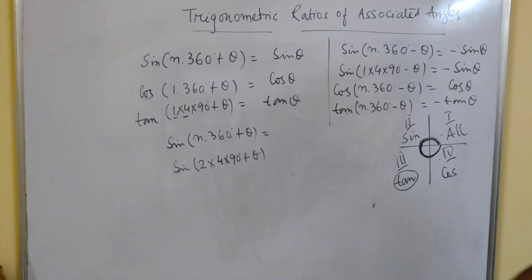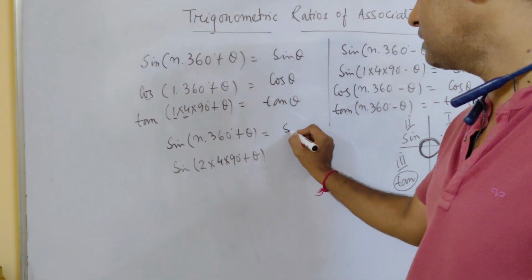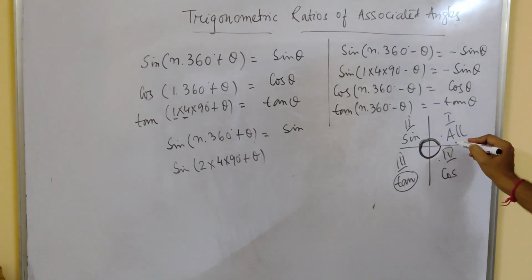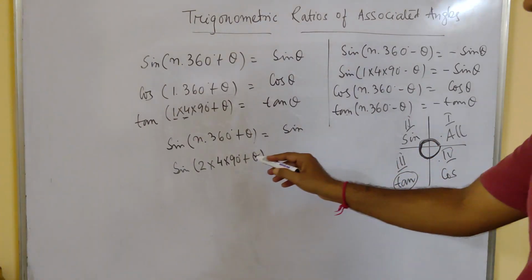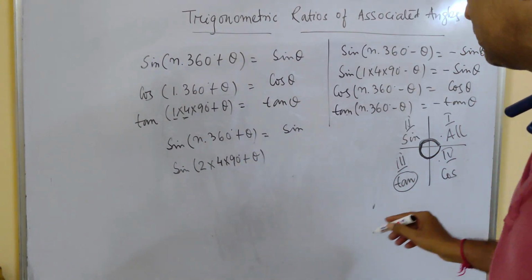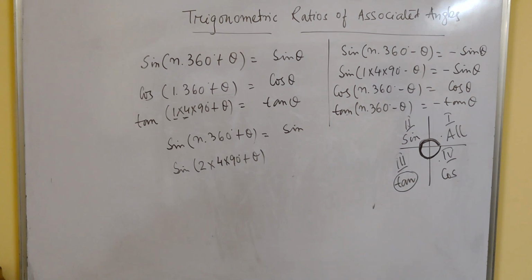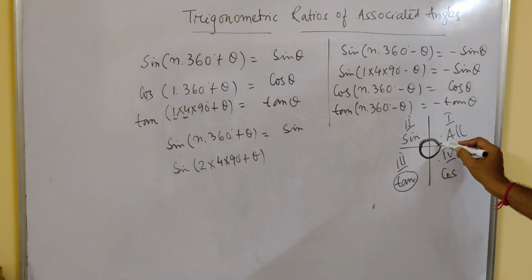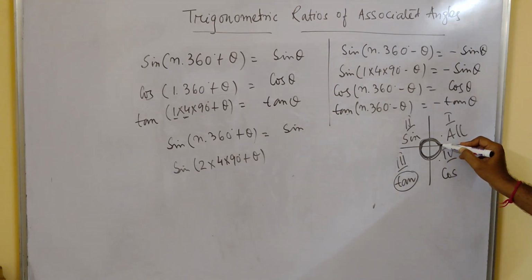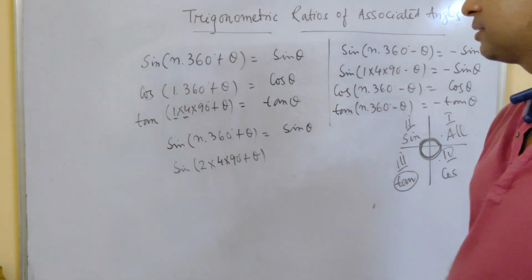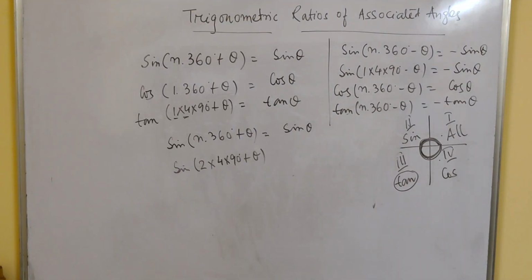So 2 into 4 is 8, it is also an even number, so it remains sin, and 360 plus theta, that is 90 into 4 into 2, it is 720. One full complete circle is 360, another one is 360, so it is 720, so it becomes sin theta. Okay, so it becomes sin theta. So in this way we can evaluate all the associated angles of the trigonometric ratios very easily.